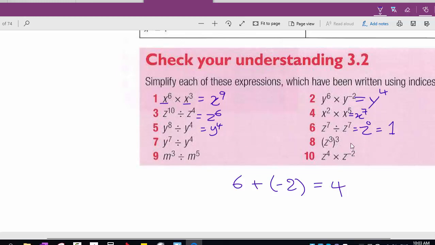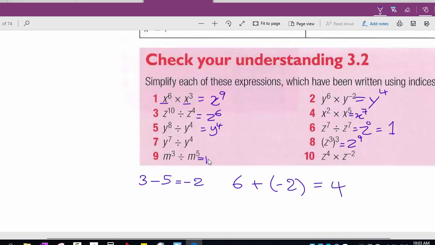When a number has two powers, z to the power of 3, all to the power of 3 again, we multiply the powers. This is z to the power of 9. M to the power of 3 divided by m to the power of 5. It's division. We have to subtract 5 from 3. 3 minus 5 is equal to negative 2.